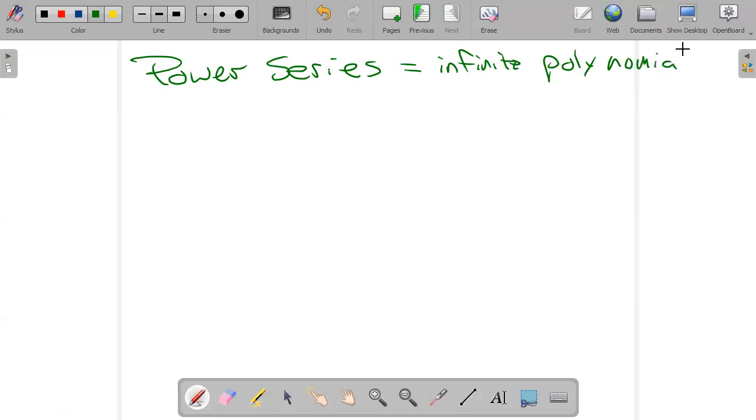And we discovered that some of these infinite polynomials are actually useful, like the sum as n goes from 0 to infinity of x to the n. That's just a geometric series. It's going to converge to 1 over 1 minus x if the absolute value of x is less than 1. It's just a geometric series where I put an x instead of an r.